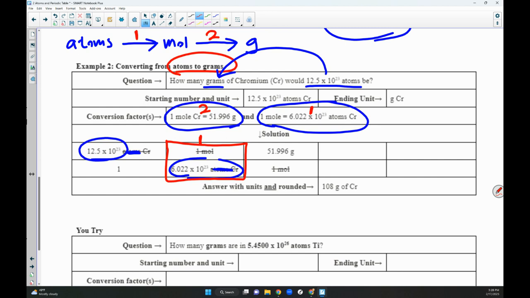For step 2, I need to convert from moles to grams, so we put moles on the bottom and we can cancel it out. That leaves us with grams on top, and this is my second conversion factor. Then lastly, I multiply everything across the top and divide down, and I get 108 grams of chromium.